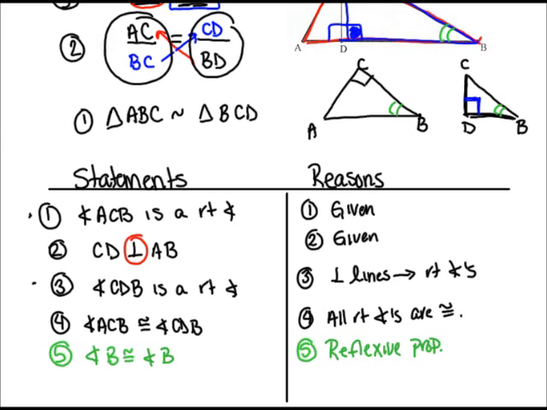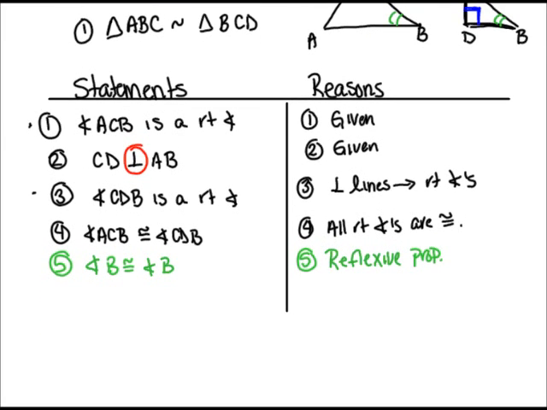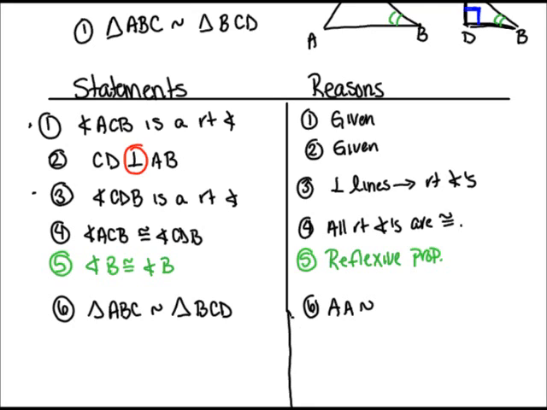Once you have two angles congruent, we can go ahead and say the triangles are similar. So we can say triangle ABC is in fact similar to triangle BCD using that angle-angle similarity theorem. Now that the triangles are similar, you can take it one step further and say we have some sides that are proportional.